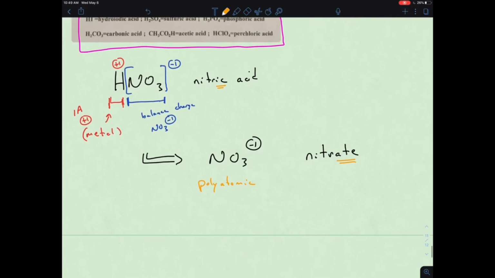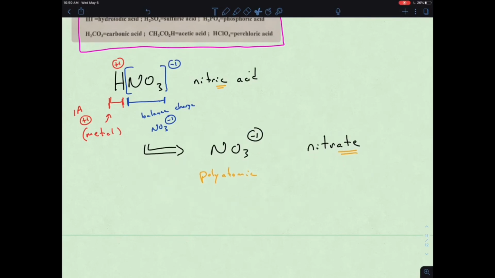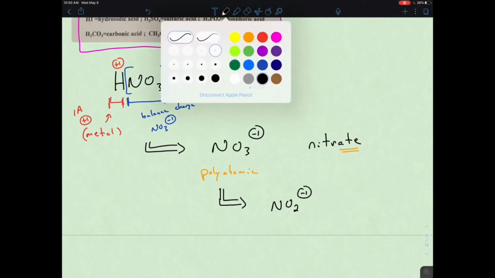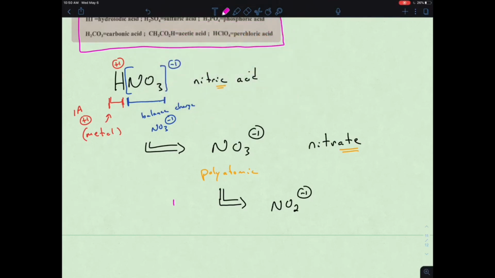If I know that polyatomic with the nitrate, I can now go one step further and basically lose 1 oxygen, same charge, and now I end up with nitrite.